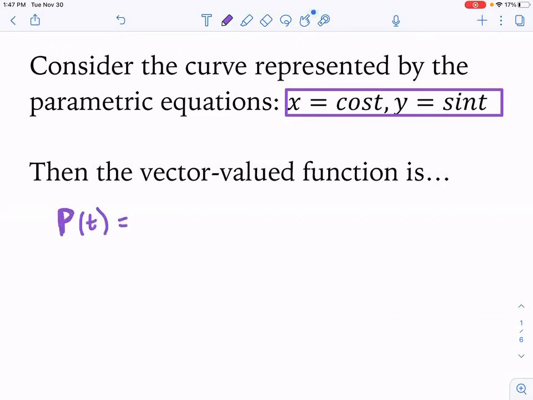So our vector valued function would be cosine of t i plus sine of t j. We're basically taking the set of parametric equations and writing it as a vector function.